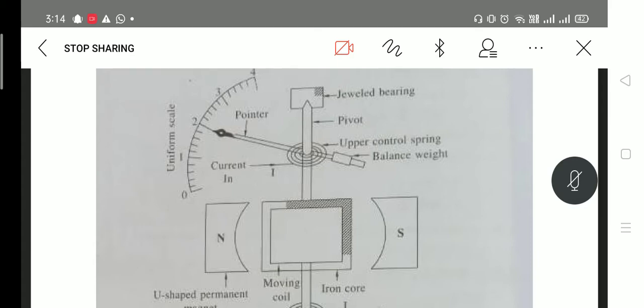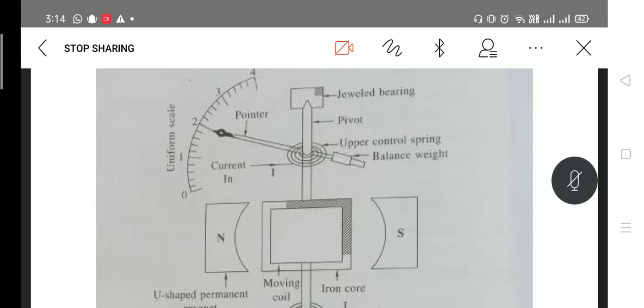In the third unit we discuss measurement of power and energy. In the second unit we already discussed almost the measurement of power. We discussed different types of measurement of power.